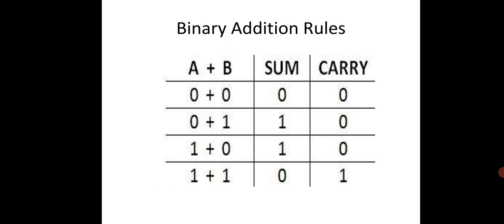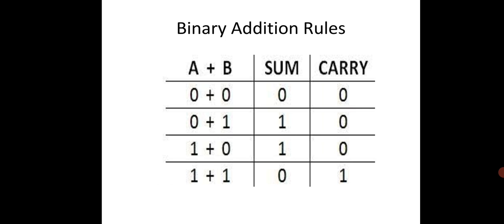In binary addition, that is 0 and 1, there are 4 rules. If A is 0, B is 0, means 0 plus 0, the sum will be 0 and the carry will be 0. The second rule, if A is 0, B is 1, that means 0 plus 1, the sum will be 1, the carry is 0.